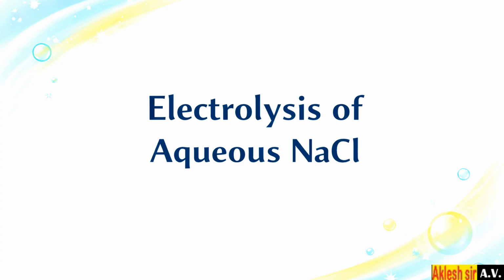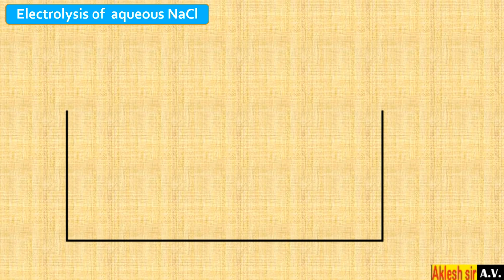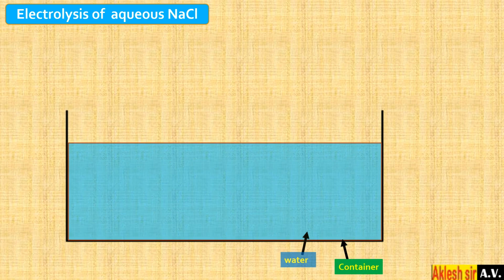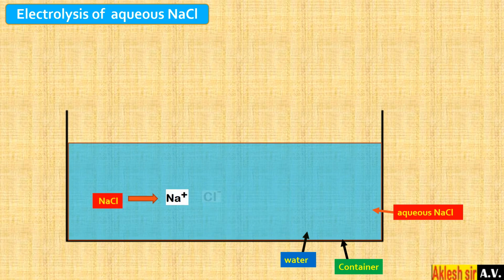Electrolysis of aqueous NaCl. Electrolysis of aqueous sodium chloride. The electrolytic cell consists of a container filled with water. Now sodium chloride is added in water to make an aqueous solution of sodium chloride. In aqueous solution, sodium chloride dissolves to form sodium cation and chloride anion.